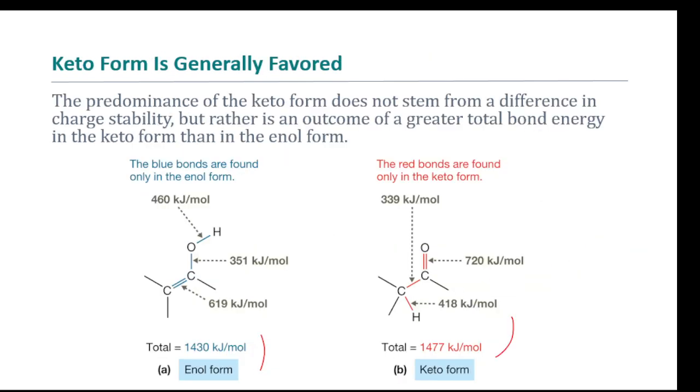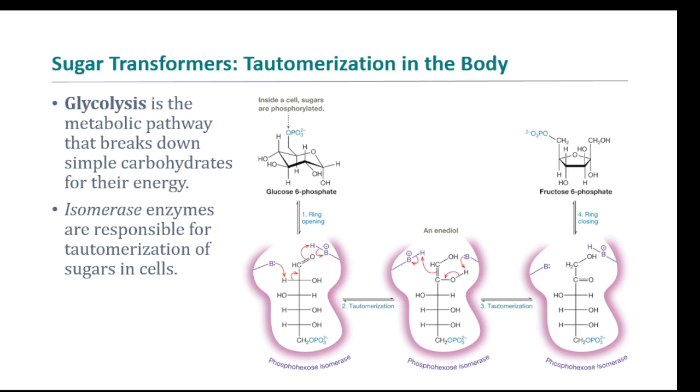Okay. Why is this important? Why the heck does this matter? Well, if you have, let's say, a sugar, which form are you typically going to see this in? Straight chain, or are you going to see it in a ring form? Ring form, yeah. By far and away, it's more common to be in the ring form.